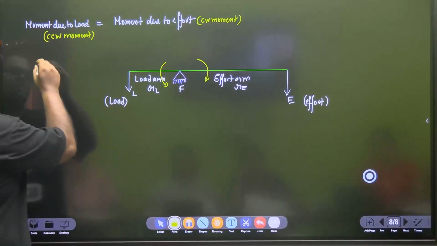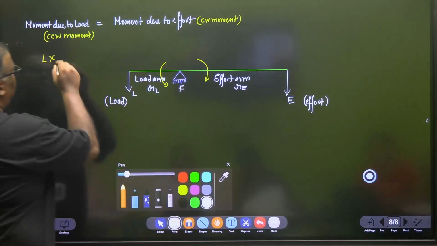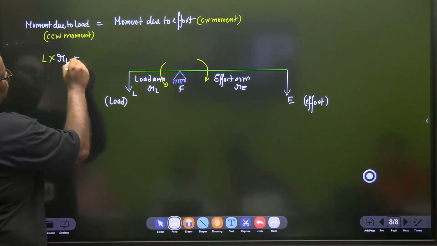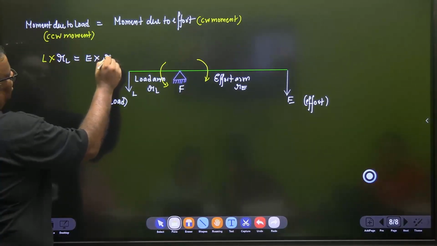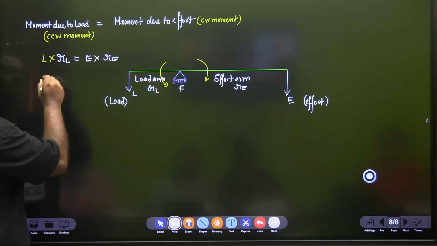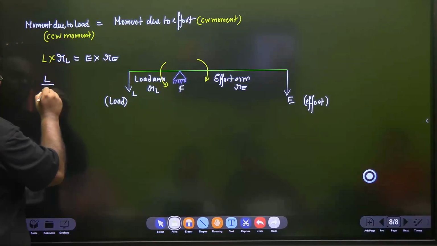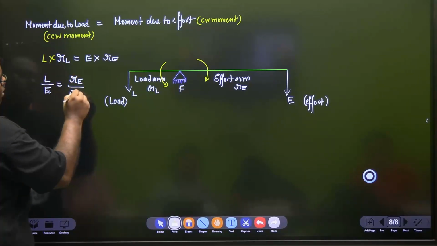This is the load multiplied by the load arm, which should be equal to effort multiplied by what? Effort arm. Are we clear? Then I try to bring the ratio of load over effort. So what is it? RE by RL.